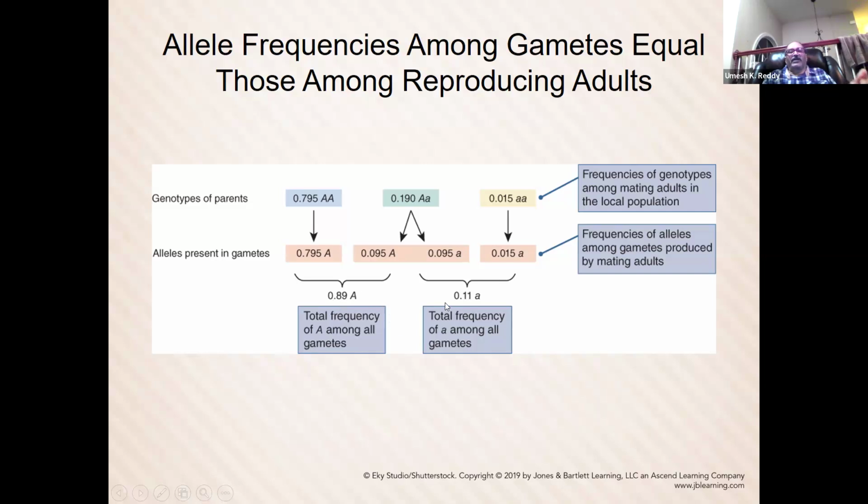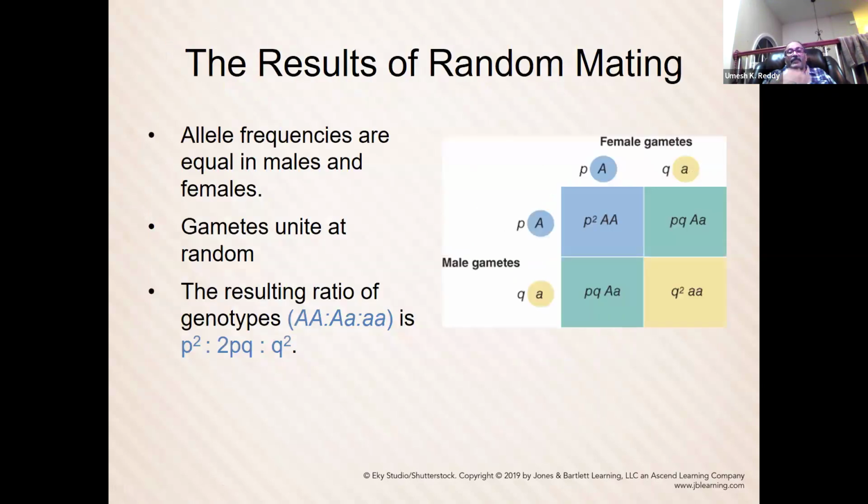It is the same thing I discussed in the earlier slide, showing it differently: how you can estimate genotype frequency and gamete allele frequencies. The estimation of this is very important to understand outbreaks, a very practical application of it.